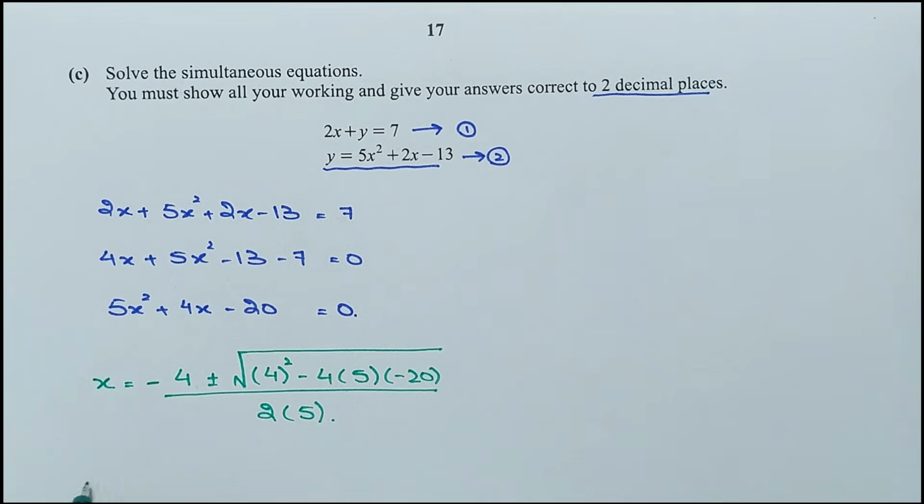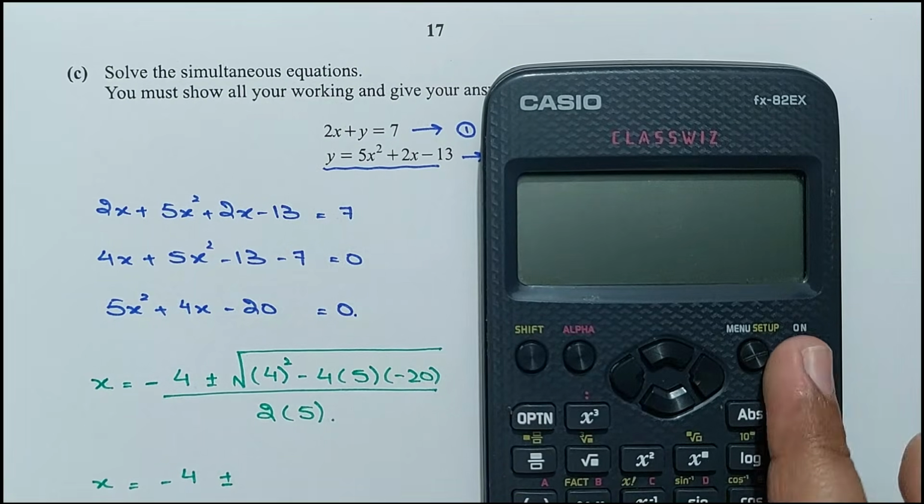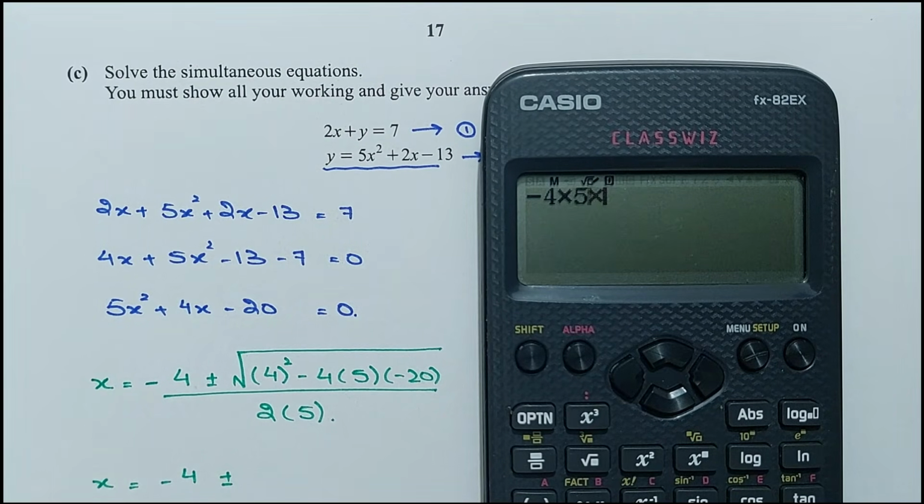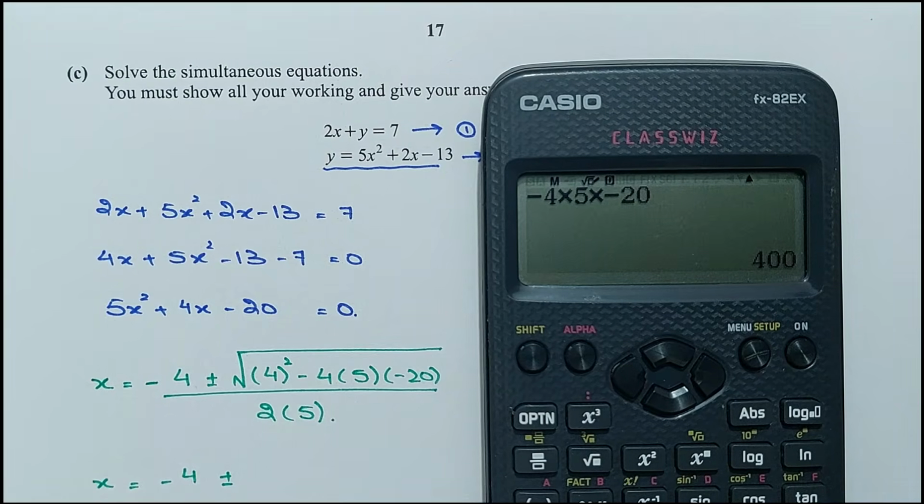Simplify, we have x is equals to negative 4 plus minus, okay, minus 4 times 5 times minus 20, 400 plus 16, 416. Square root of answer is 4 square root of 26.